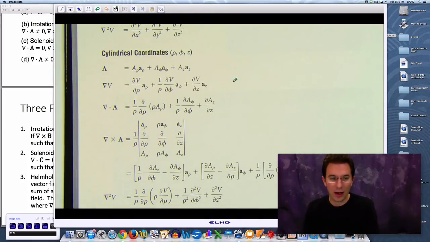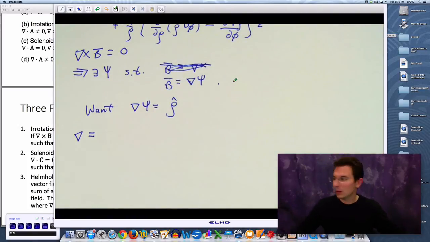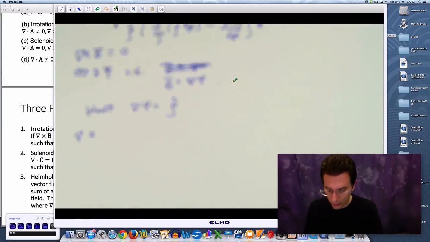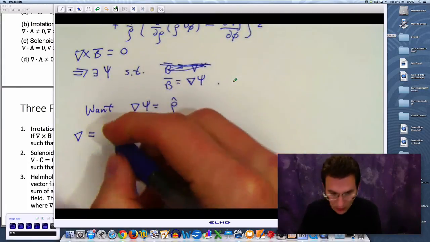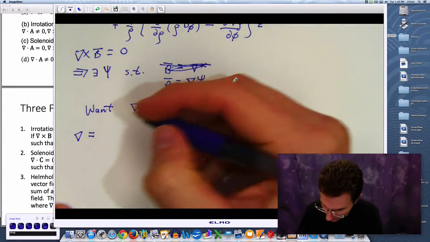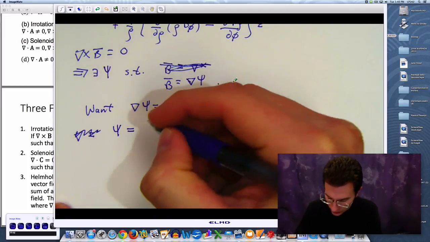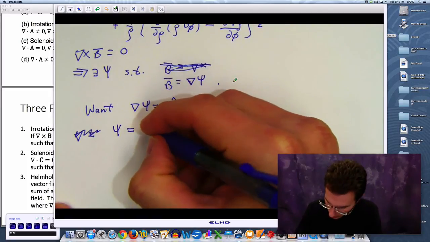So let's try as our candidate for psi the following. Let's choose psi is equal to rho.